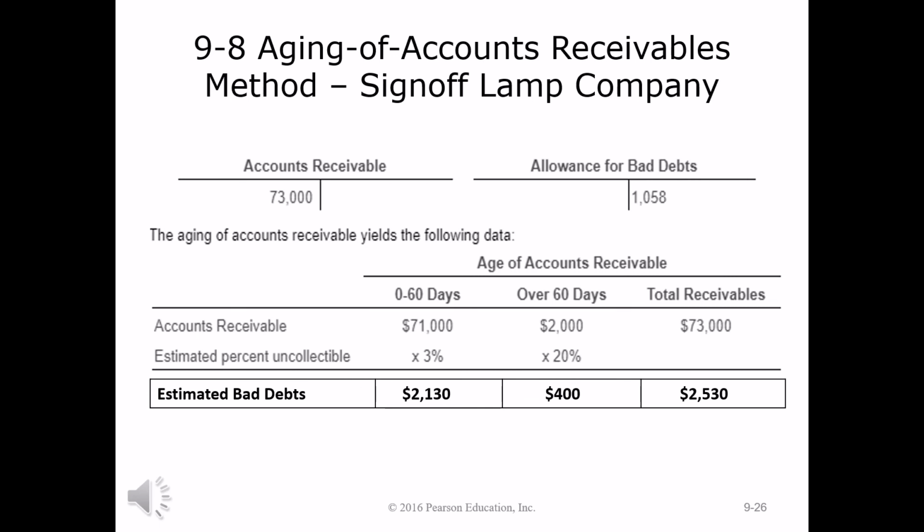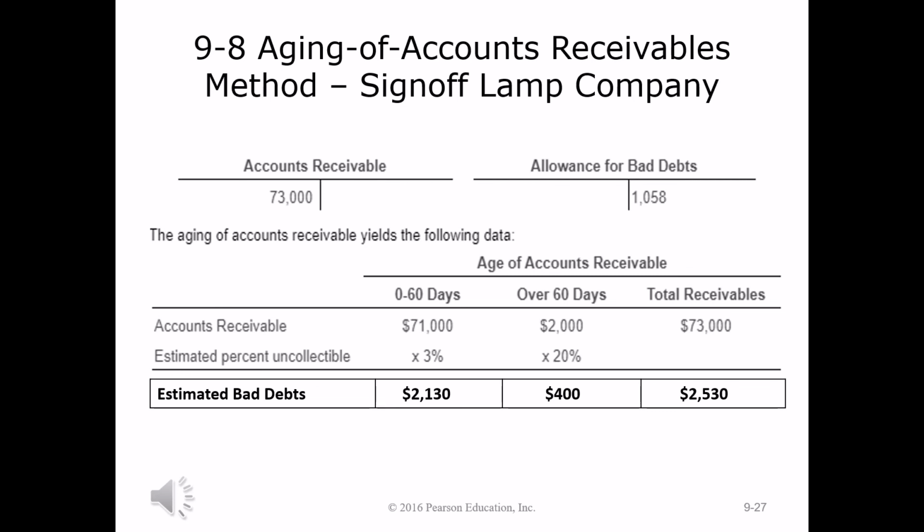The next age that we look at is over 60 days. As we would expect, as accounts receivable balances get older, we have a greater chance of those balances being uncollected. For our over 60-day accounts receivable, we estimate that 20% will not be collected. That is $400 based off of our $2,000 accounts receivable balances that are over 60 days.